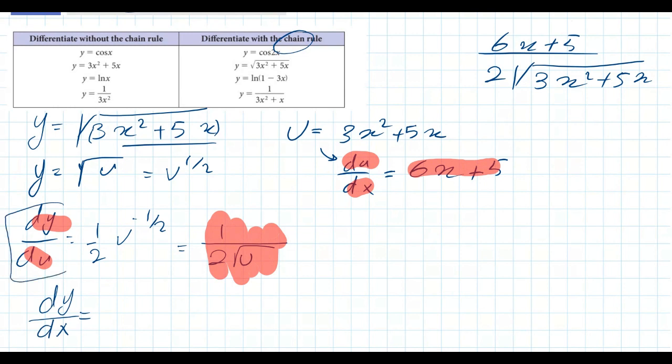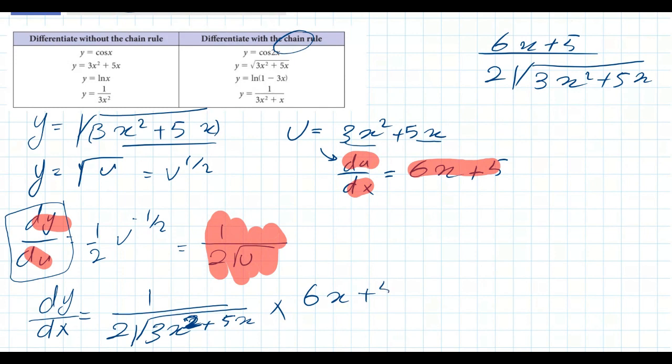Okay, this part becomes 1 over 2 root u, and we know that u equals what? 3x squared plus 5x, right? Okay, 3x squared plus 5x times du over dx, which is 6x plus 5.